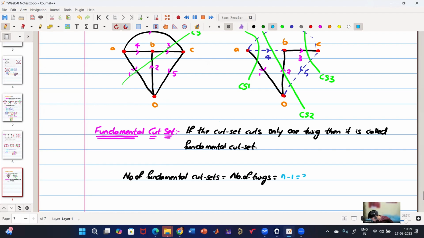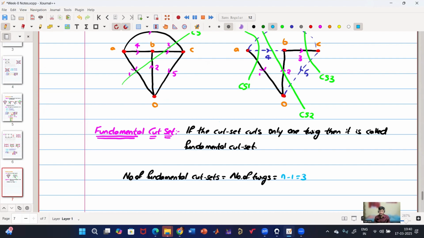Here it is 3. So is the nomenclature clear for everyone? What is cut set? What is fundamental cut set? Or is it not clear?